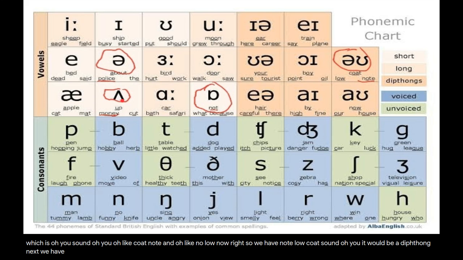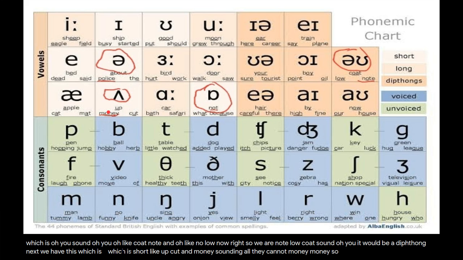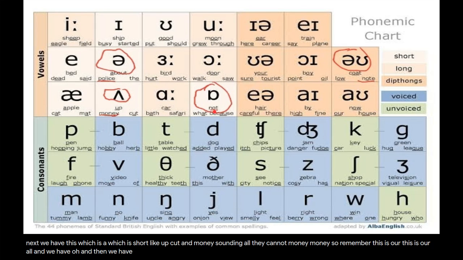Next one we have is short, like up, cut, and money, sounding like money. Then we have O, like not, what, because. This is a little more extensive. So these are the sounds that we will need to sort in the audio scripts of our book.